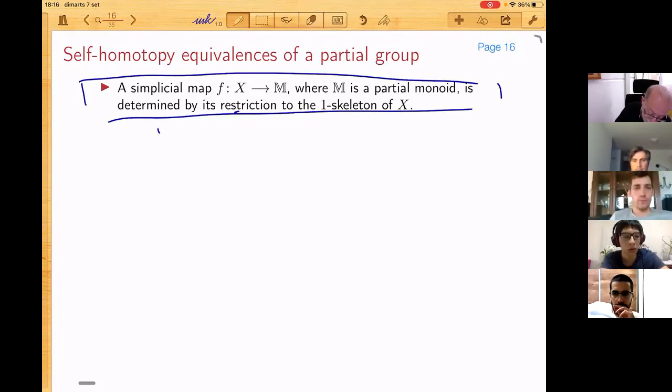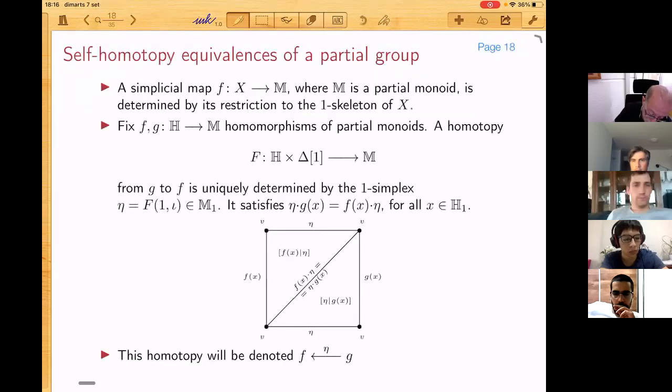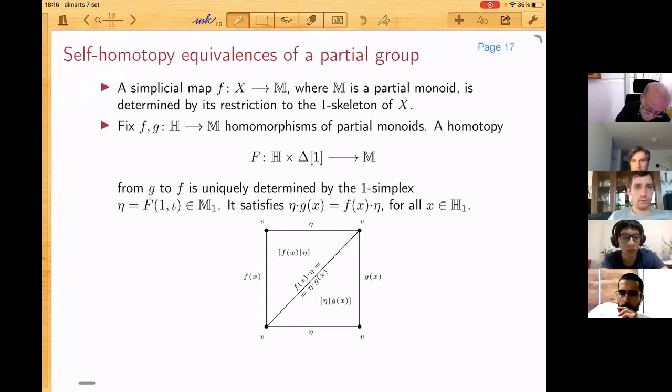And this means a lot, because homotopies are also easily determined. Once you have a homotopy, say between two homomorphisms, recall a homomorphism is just a simplicial map, right?